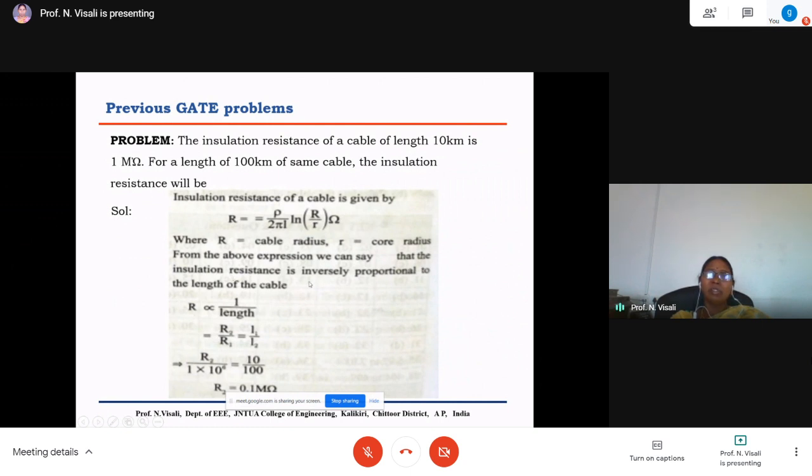So the insulation resistance is inversely proportional to the length of the cable. So R is proportional to 1 by L. This relation can be written as R2 by R1 is equal to L1 by L2. Then R2 is equal to L1 by L2 into R1. After simplification, we will get 0.1 mega ohm. If the length of the cable increases, the resistance of the cable is reduced. That is the meaning here.